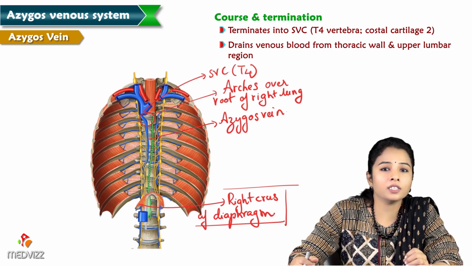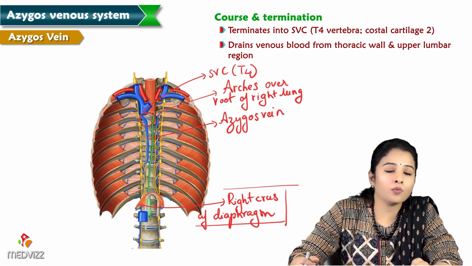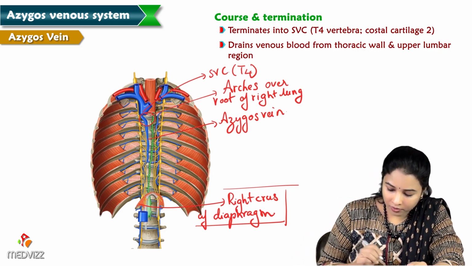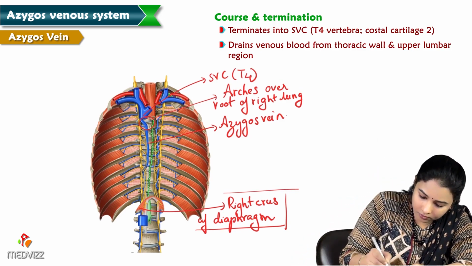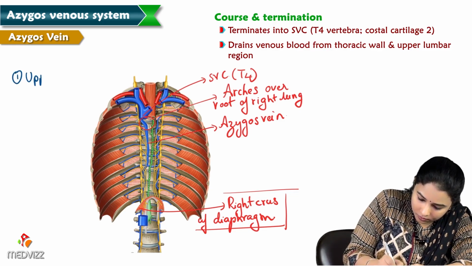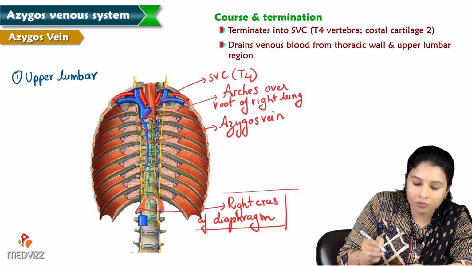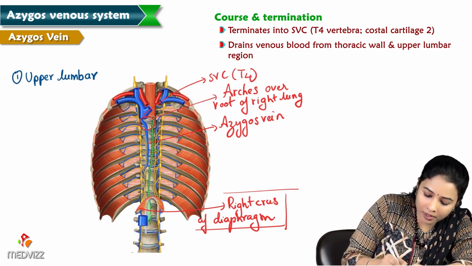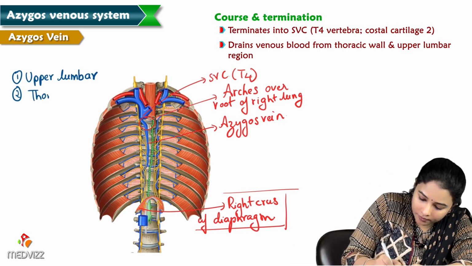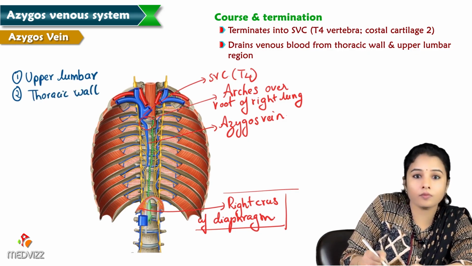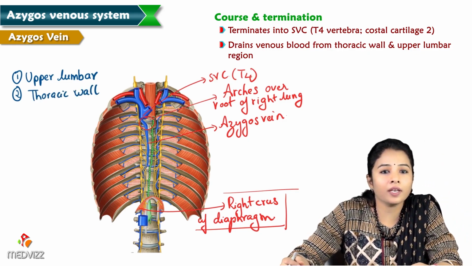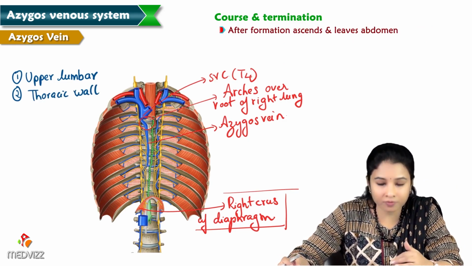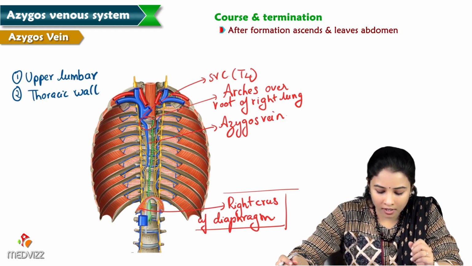And it drains the venous blood from the thoracic wall and also from the upper lumbar region. The azygous vein, after formation, ascends and leaves the abdomen.